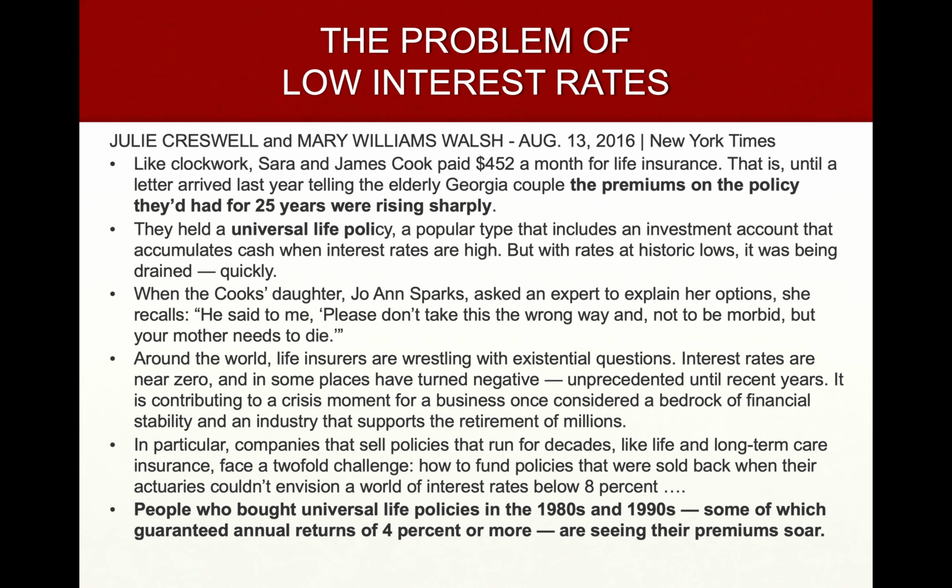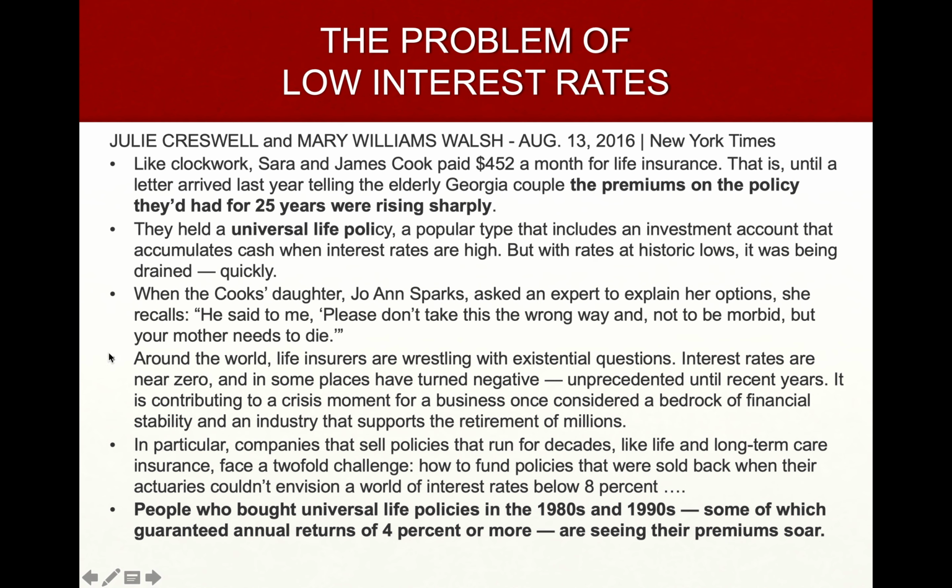All right. There's a problem with low interest rates again. Here's one where a couple paid $452 a month for life insurance, so that's over $5,000 a year. The premiums on the policy that they have for 25 years started to rise because they held this universal life insurance.